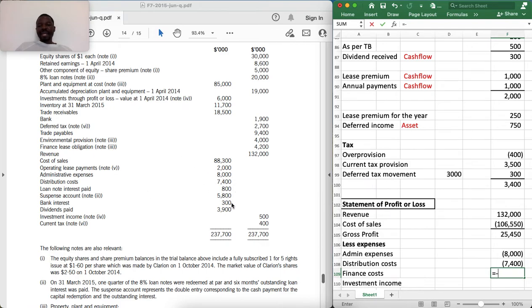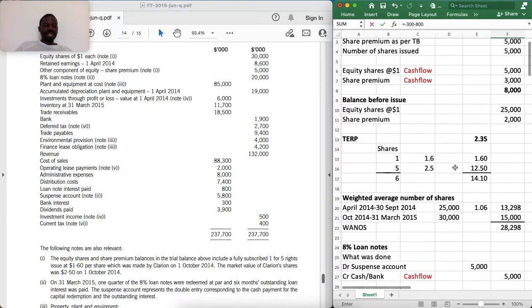Here in our trial balance, the finance cost that we have is 300. The bank interest, as we have got an overdraft here, and our finance cost again that we have here is 800. This loan interest paid.